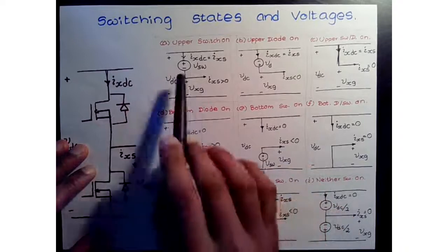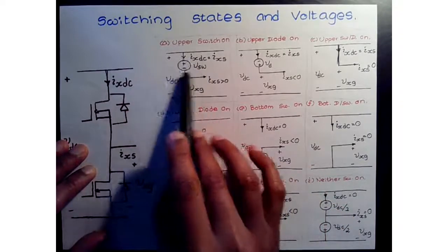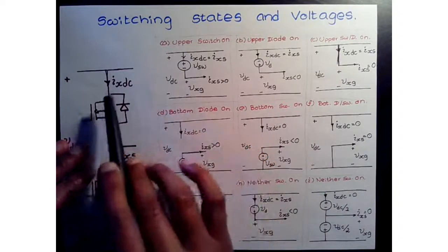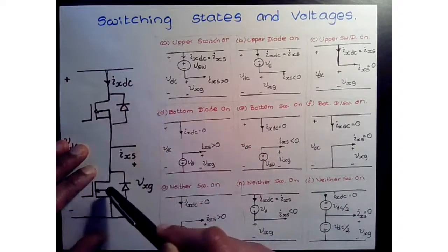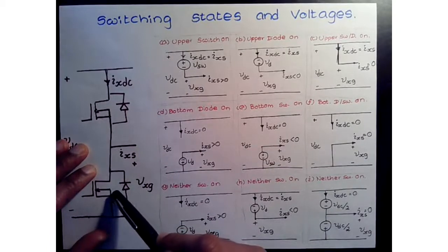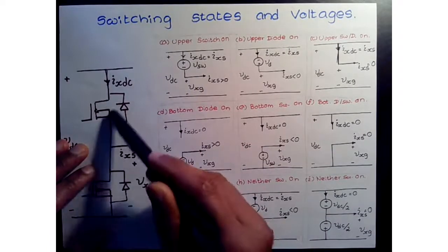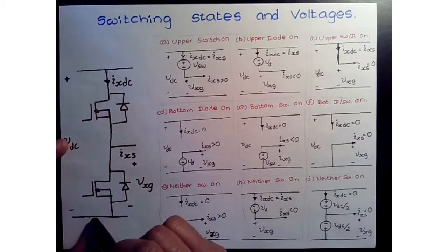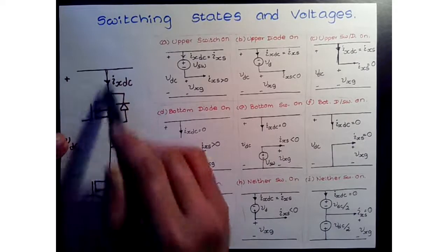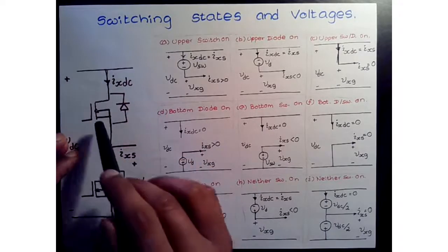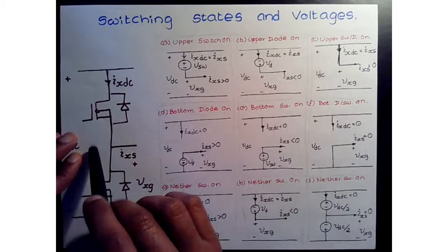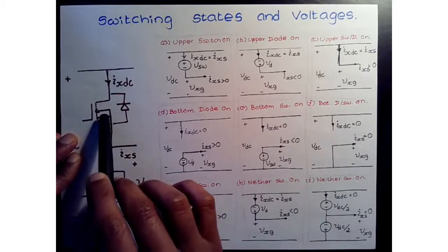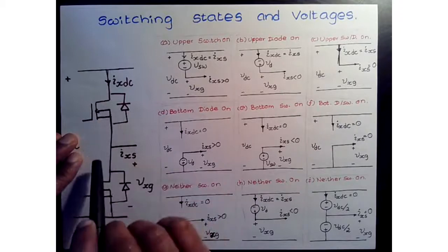For a lot of theoretical applications, we assume that to be 0, but I'm just representing that for the accuracy here. And when the upper switch is on, we keep the lower switch turned off. Okay, if both switches turn on at the same time, you're basically shorting your DC bus to ground, right? So that's almost a dead short, which could damage your power supply or your battery. Therefore, typically we make sure the lower switch is off when the upper switch is on, or vice versa.